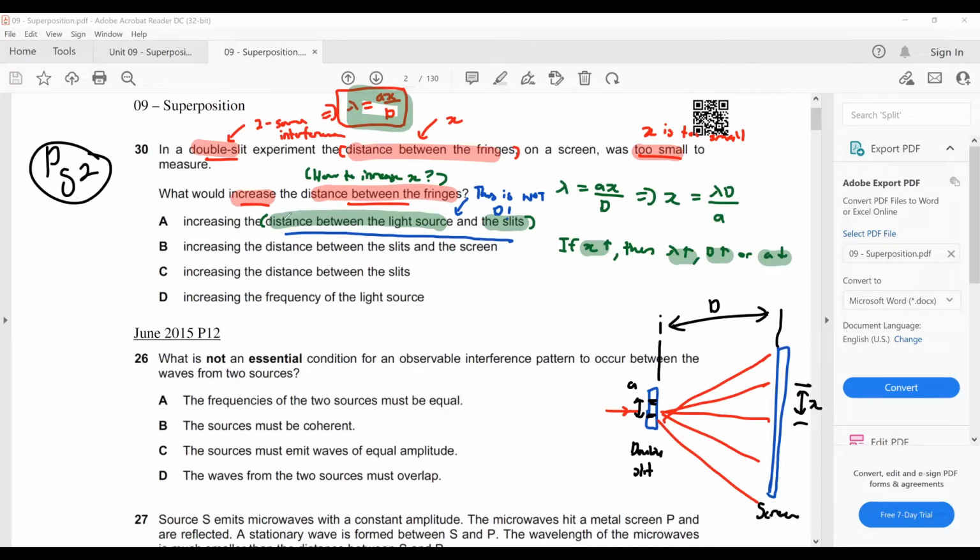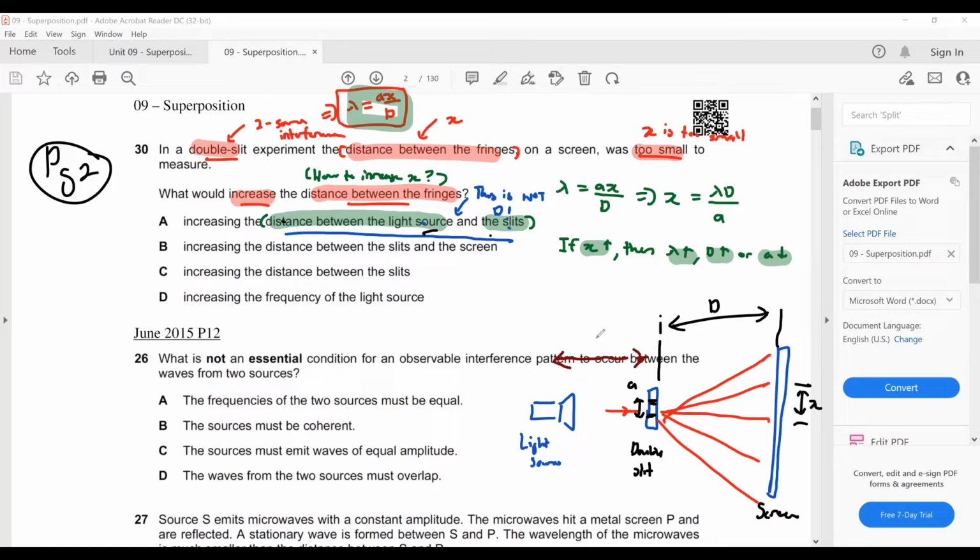Distance between light source and slits is actually talking about this. If this is your light source, the distance between light source and slit is this other quantity here.